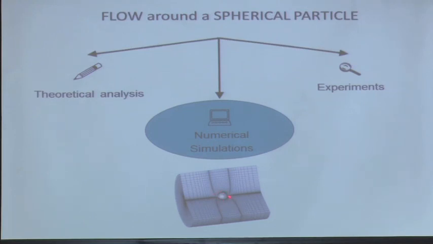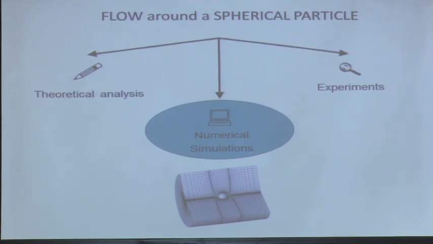So you see a small sphere, and around that sphere you see a mesh, and based on that mesh we are going to solve the Navier-Stokes equations, and then you will get, as in an experiment, the flow field around that body. Based on the flow field we can extract everything: the pressure, the shear stress, and from that the force.